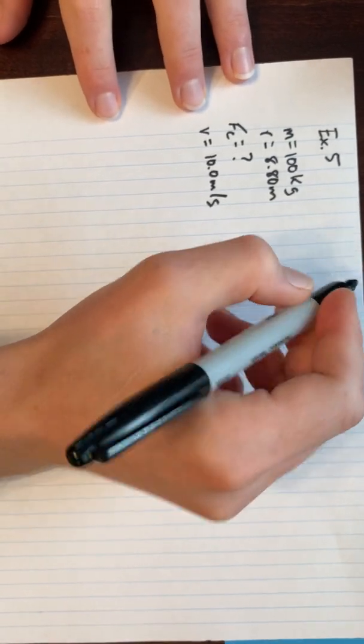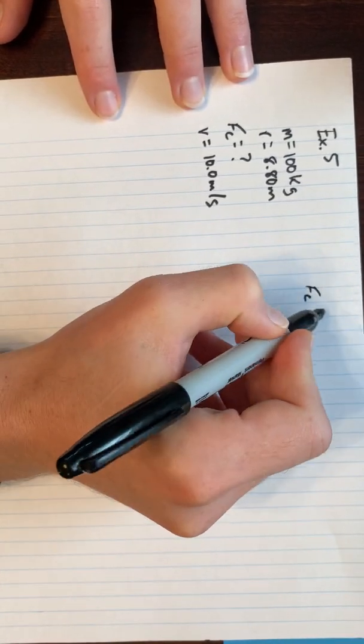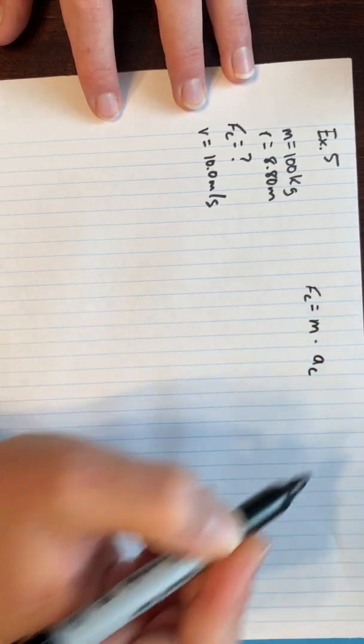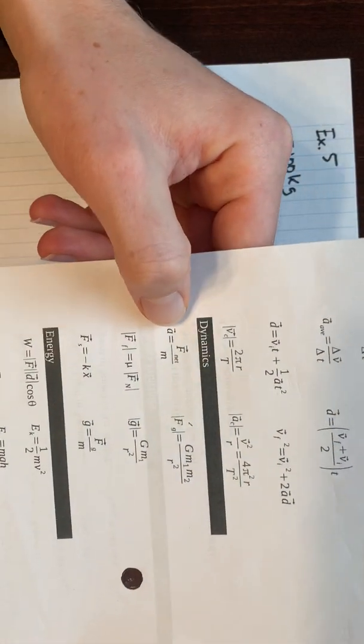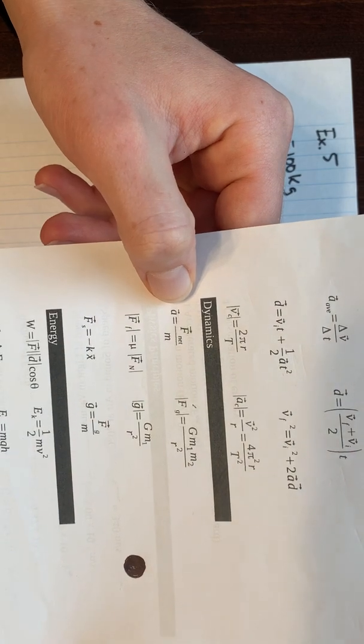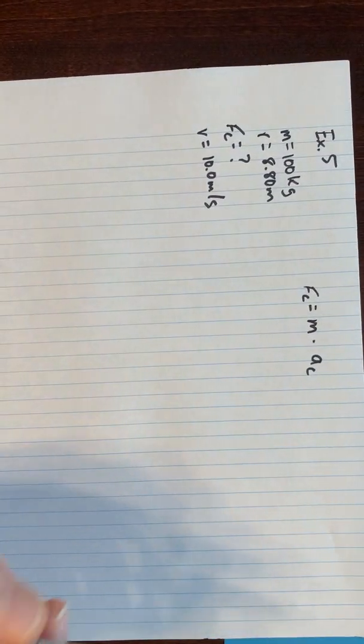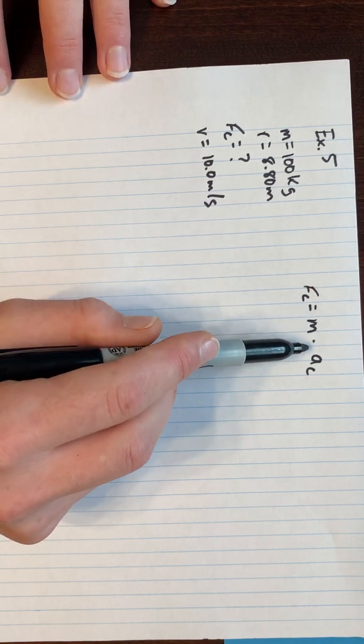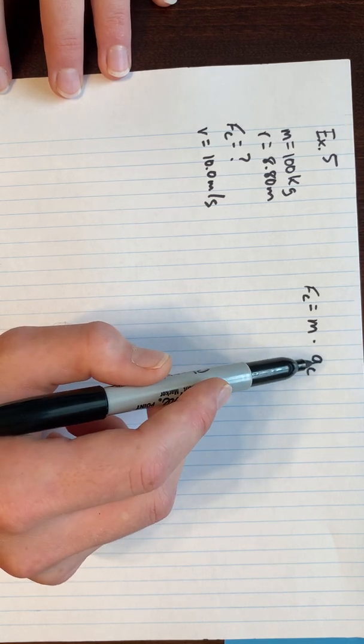We are looking for the centripetal force, so Fc is equal to the mass times the centripetal acceleration. We are just rearranging the acceleration is equal to F net over m formula on the sheet.